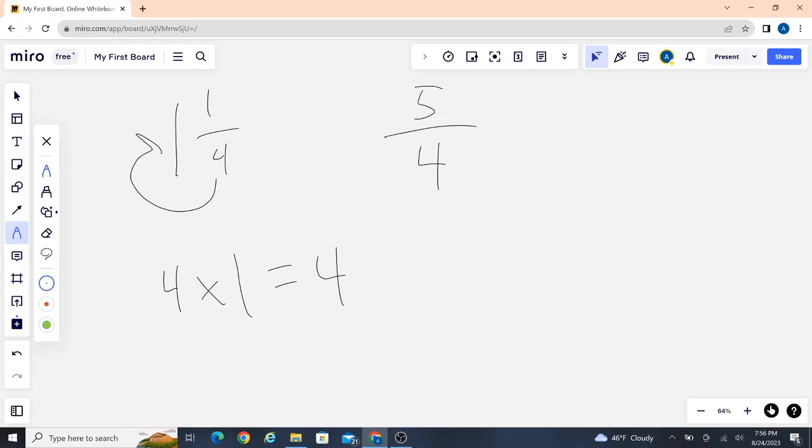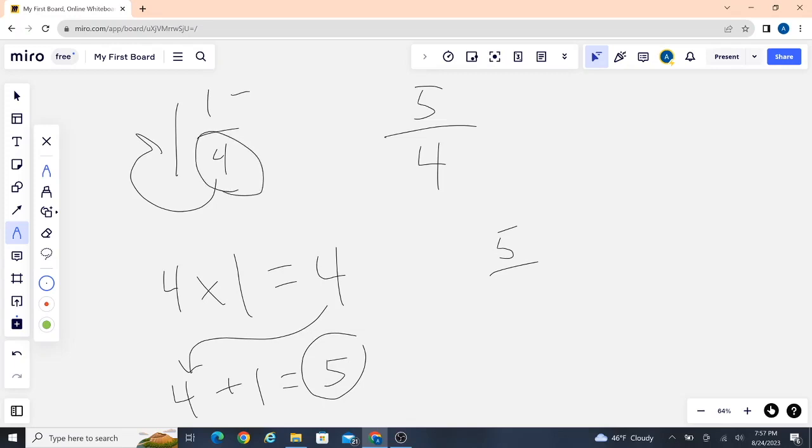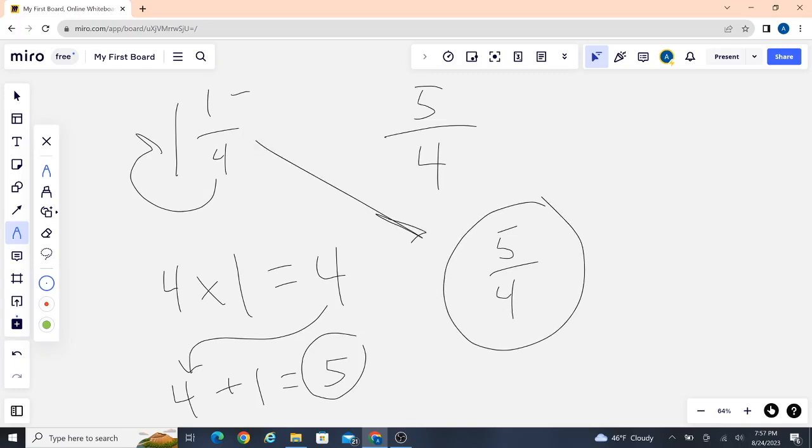And now we're going to take that answer, so 4, and add in our numerator. So 4 plus 1, it just happens to be 1 again in this case, and that's going to give us 5. So our new numerator is 5, so I can write 5 over the amount of parts we're breaking stuff into, which doesn't change, so it's still going to be 4. So 5 over 4 is our new improper fraction, and that is how you convert a mixed number into an improper fraction.